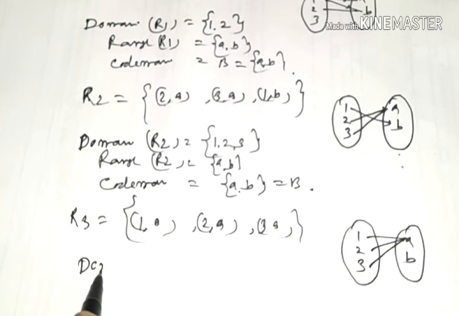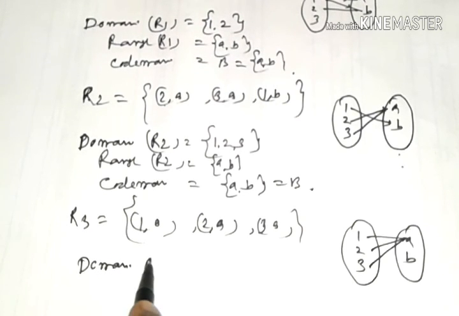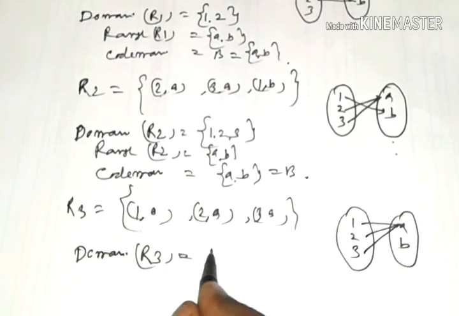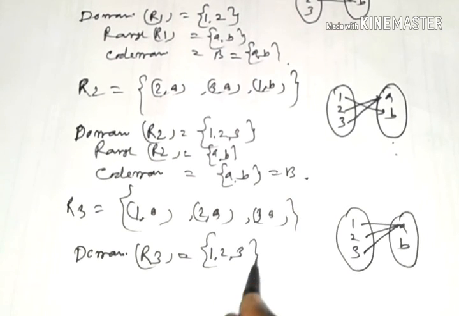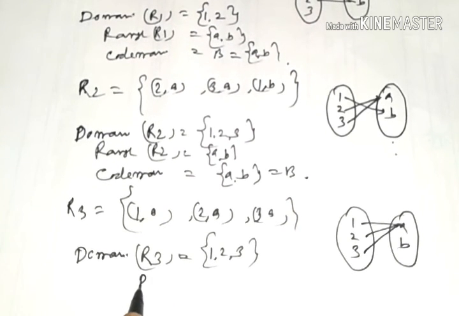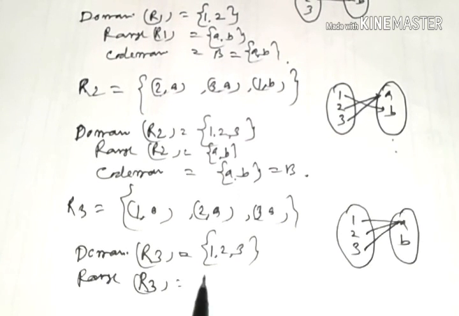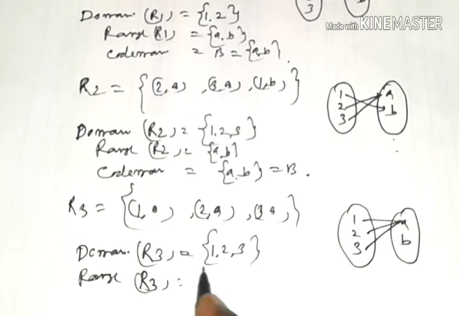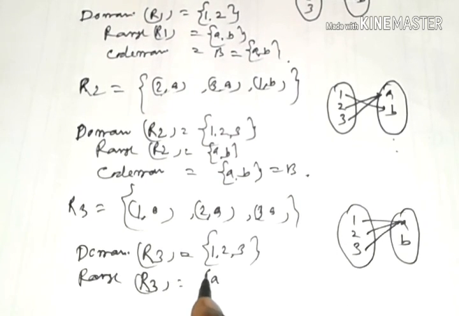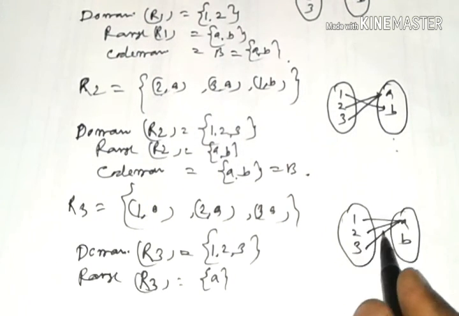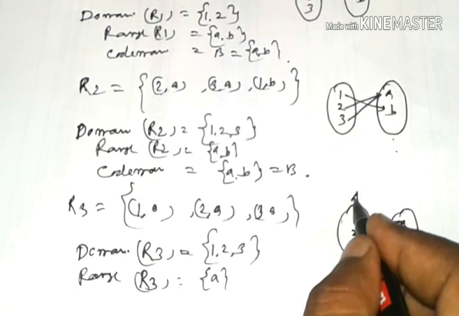The domain of R3, first component, 1, 2, 3. Range of R3, the second component, is a only, not b, because b is not related to any one of the set A.